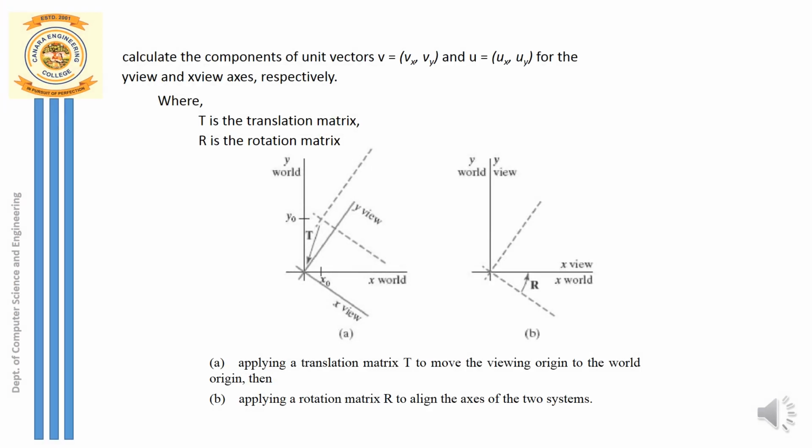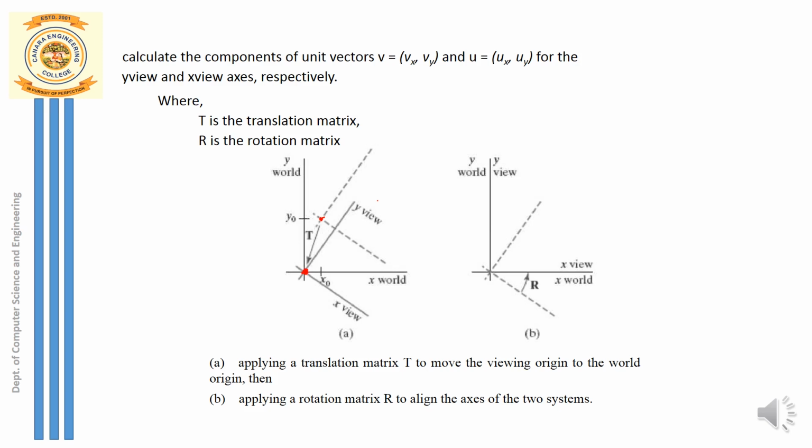Now you can see here, as I already said, this is my original coordinate system, the viewing coordinate system. What did I do now? I have just translated. This was the position about which we had represented a clipping rectangle, which was a little oriented. You translate it as it is to the world coordinate system, that is the origin of the world coordinate system, and you can see it is moved here.